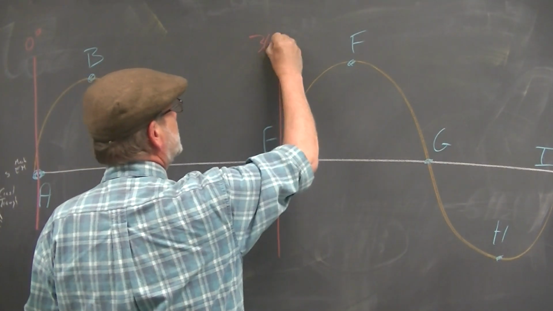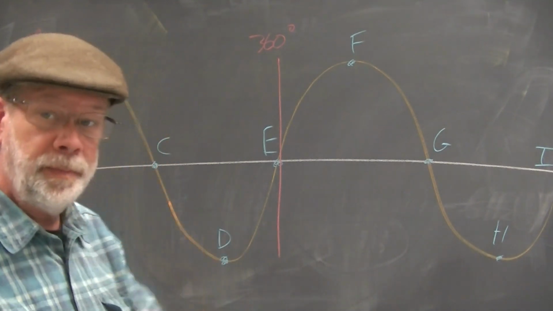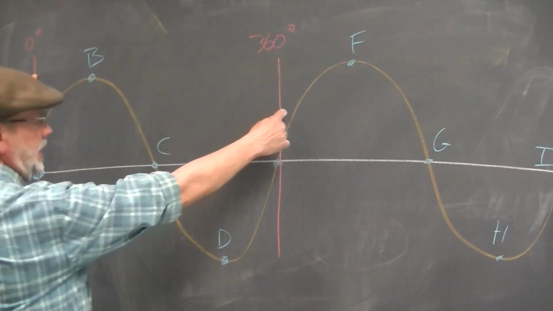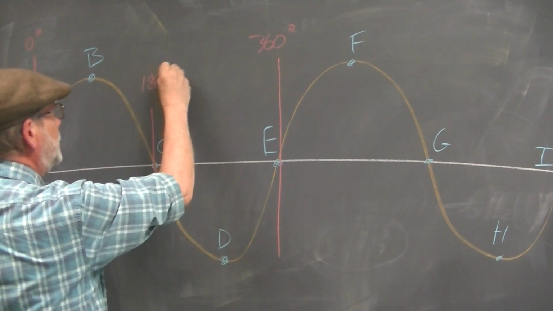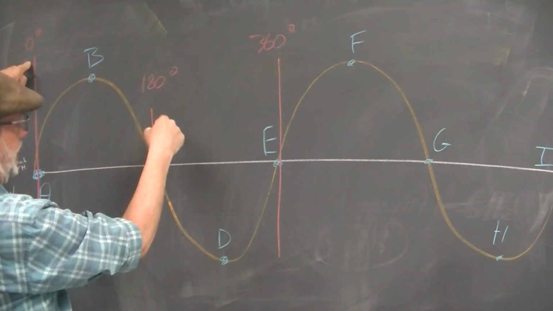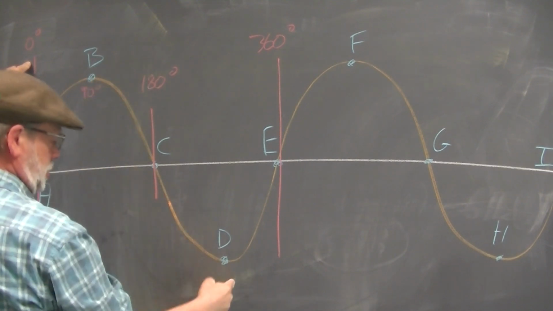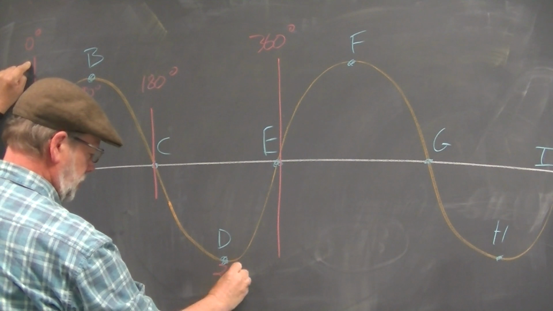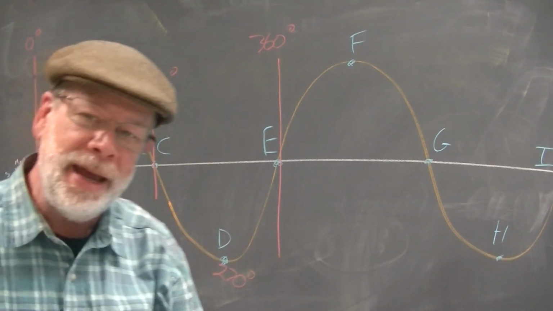We're at 360 degrees, which would be, of course, the same as 0 degrees again. But if that's 0 and that's 360, what's that point? Good, that would be 180 degrees. If that's 0 and that's 180 degrees, what is that? That's 90 degrees. What's this one? 270 degrees. So that is how the wave is made up.